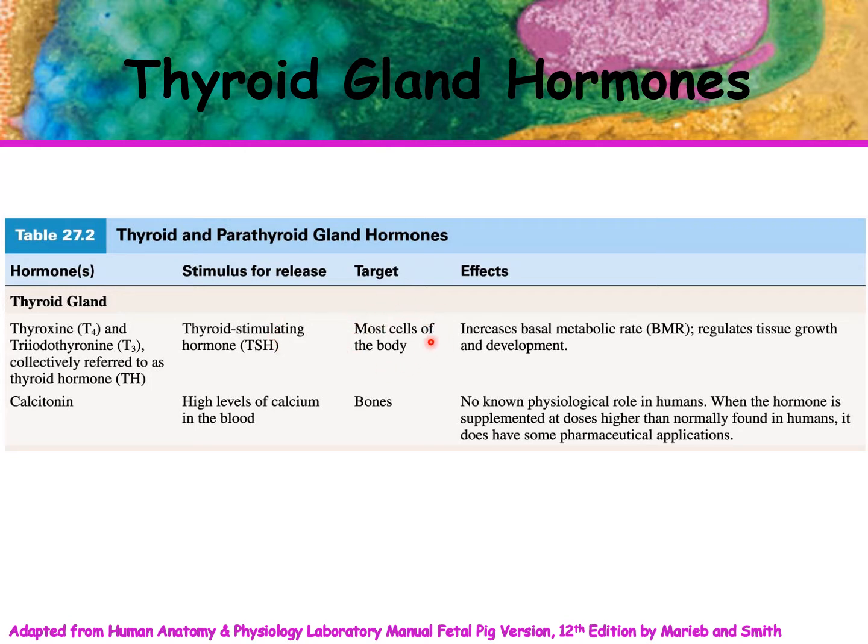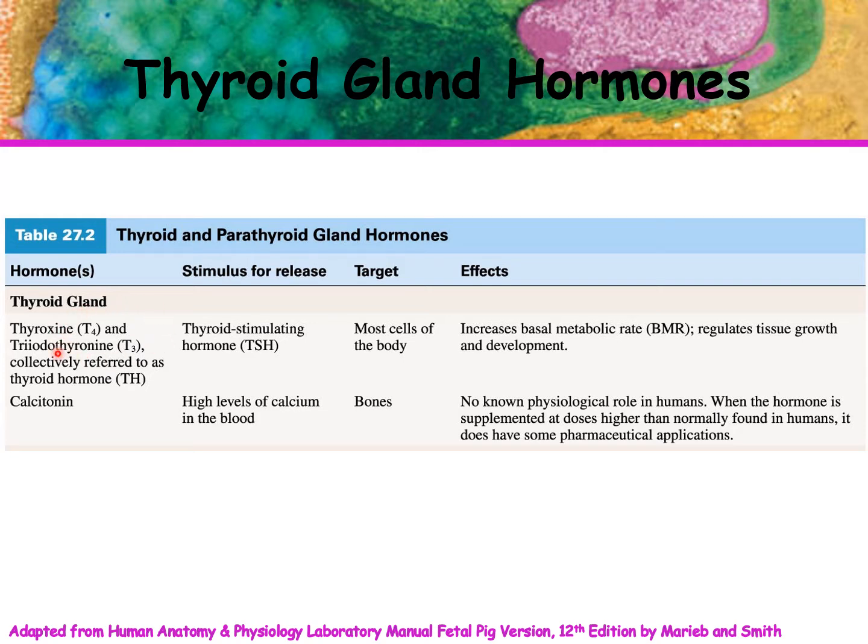These hormones work on most of the cells of our body, and when they bind to receptors on the cells, they help to increase basal metabolic rate. They also help to regulate tissue growth and development.